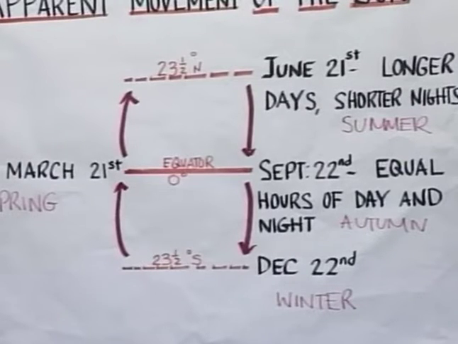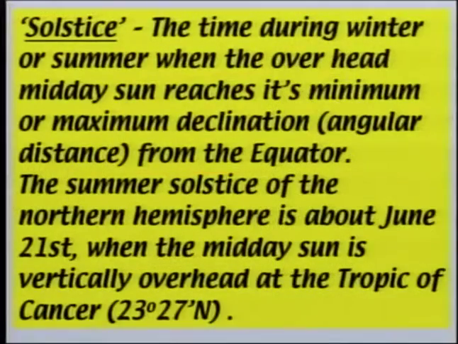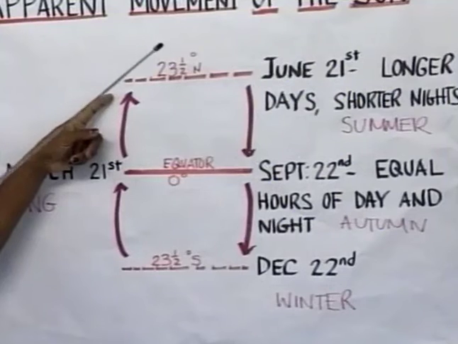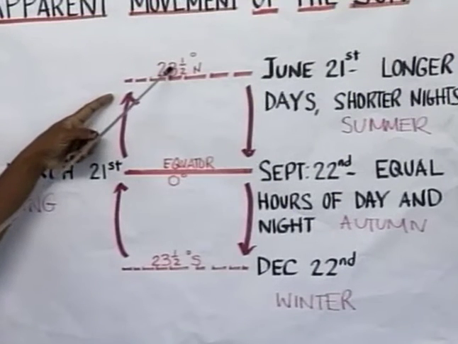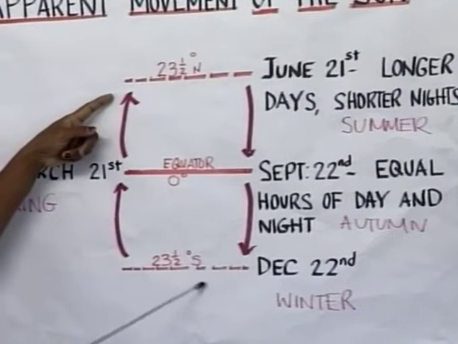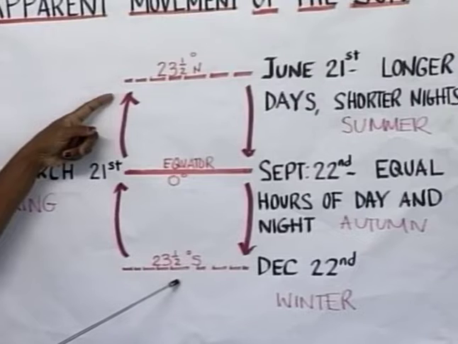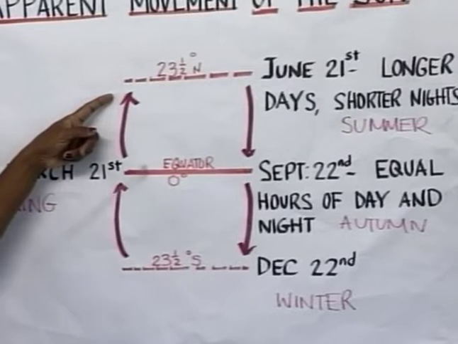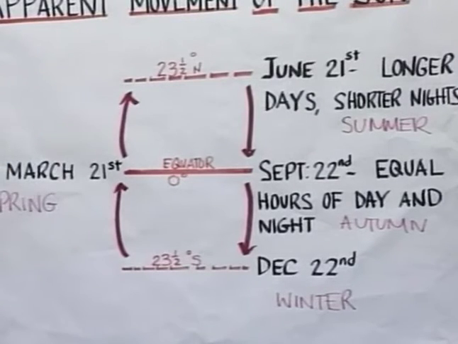And that's what we mean by that statement, minimum and maximum. If you are in the northern hemisphere and the sun is directly overhead 23.5 degrees, it is at its maximum point. Meanwhile, in the southern hemisphere, it is at the minimum point away from the angle of the sun. And that's what we mean with that statement.